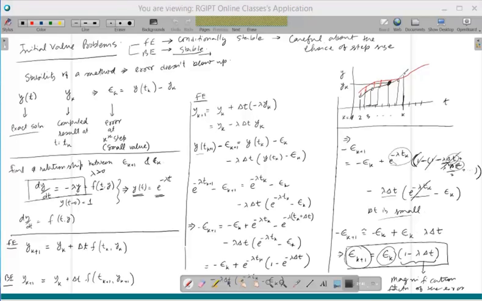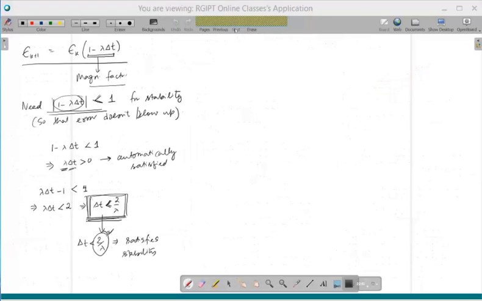This is just to illustrate how you do the errors, how you relate errors at subsequent steps, right? Although I've shown that this holds only for this particular problem, you can raise a question: how about in general? Will this happen in general? The answer is yes, but we will not go into that detail.